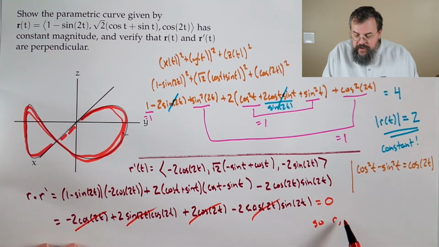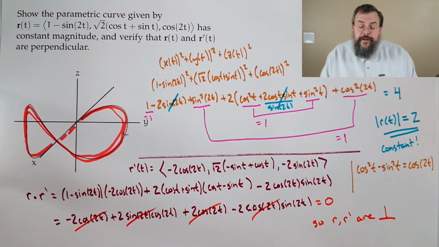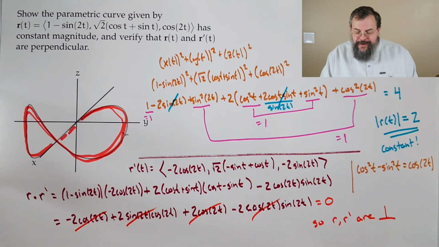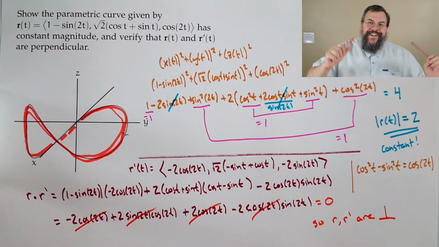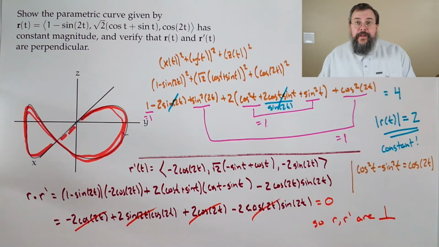So r and r prime are indeed perpendicular. This is just a shorthand notation for perpendicular. We're done. We did it. Woohoo! The theory is true, which is great. All right, well, on to some more problems then.